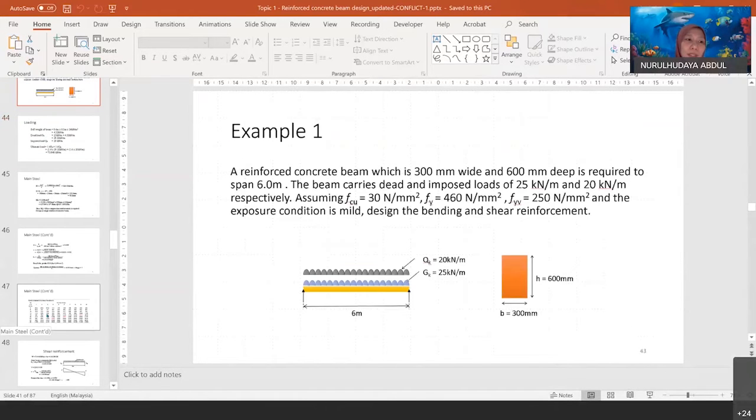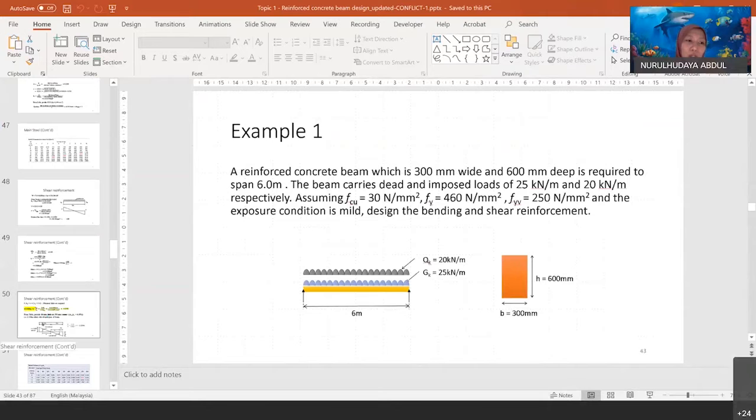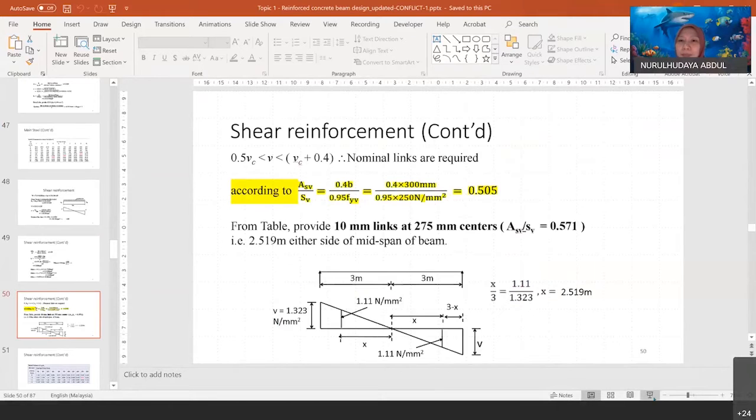For example number 1, you can look at slide 50.